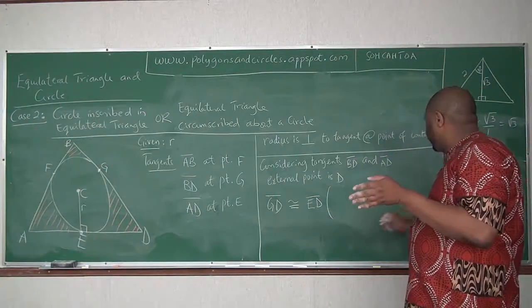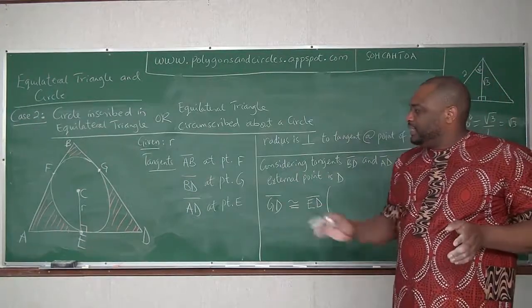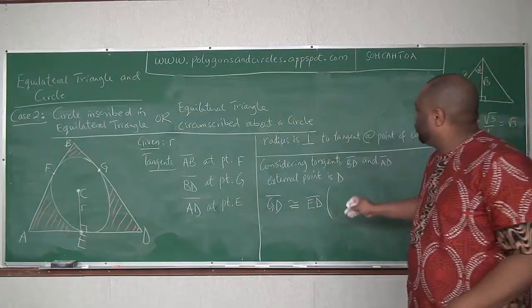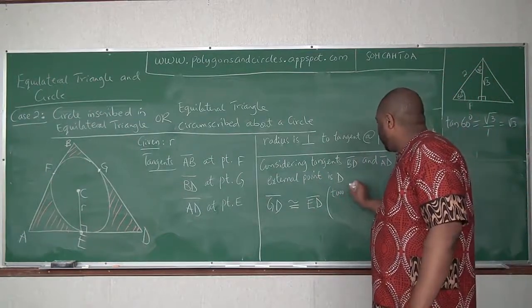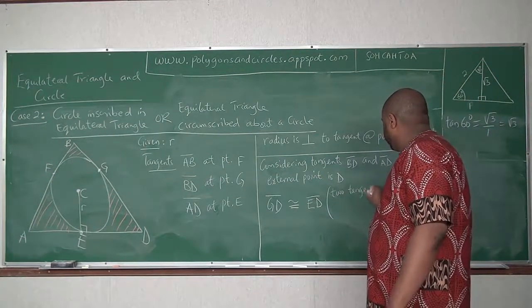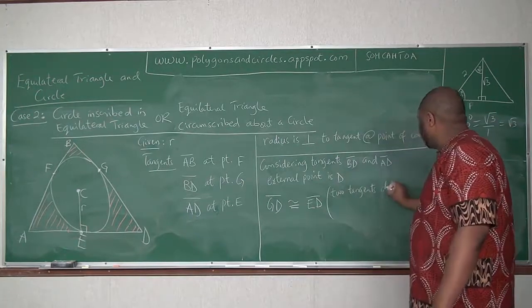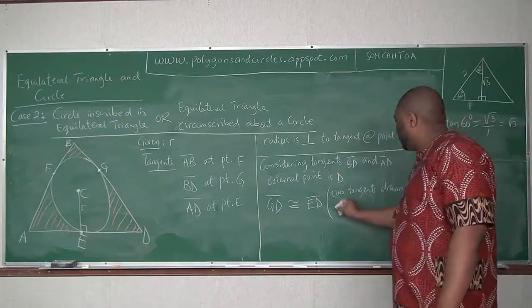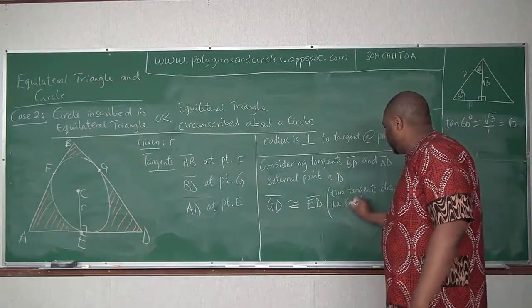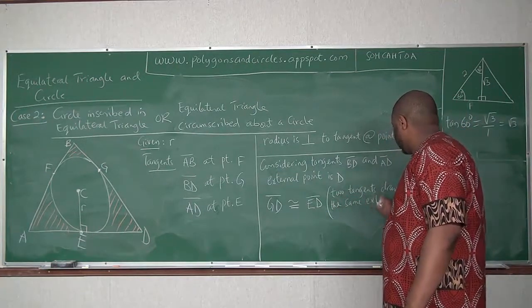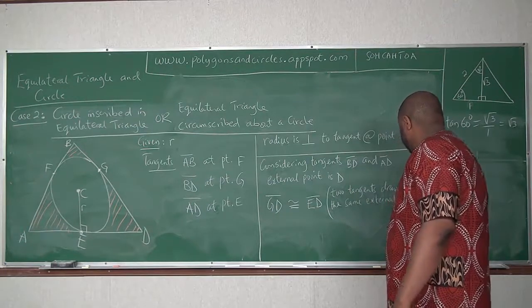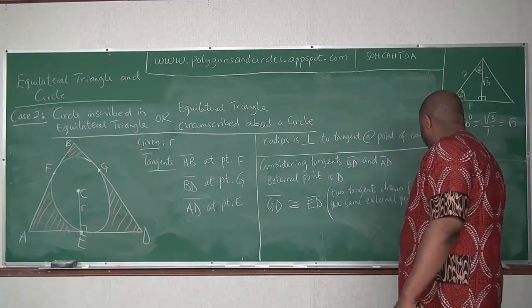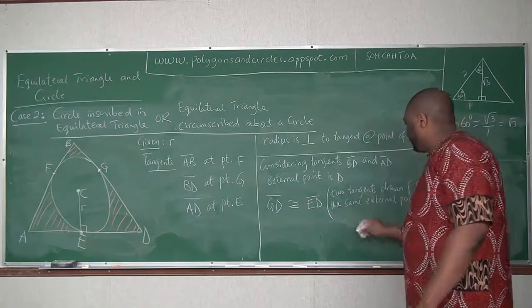Okay, write it down. Two tangents drawn from the same external point are congruent.